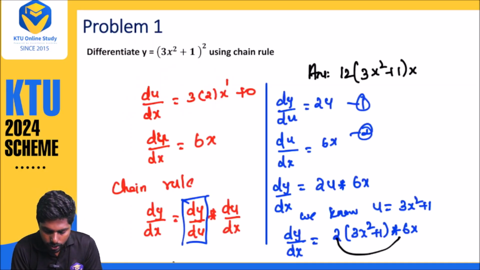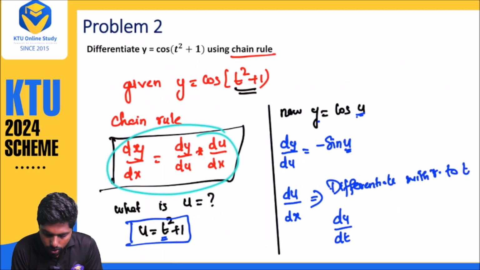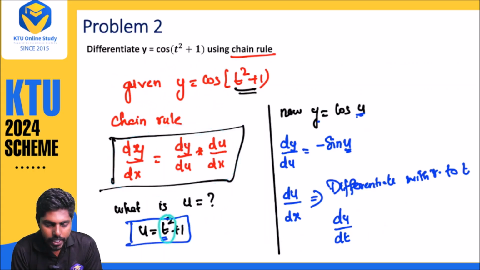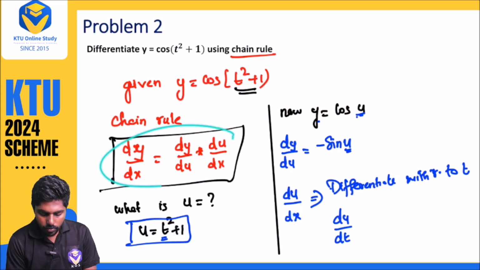See, this is our chain rule formula, but here the values are not x square, it is t square. So we are going to differentiate with respect to t. See, this is our formula.